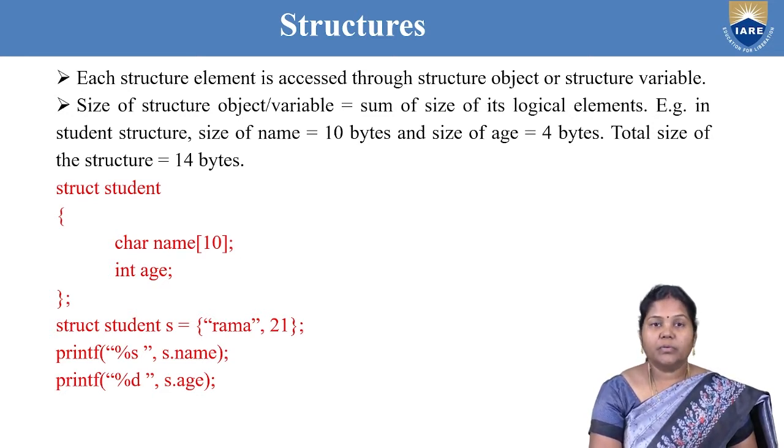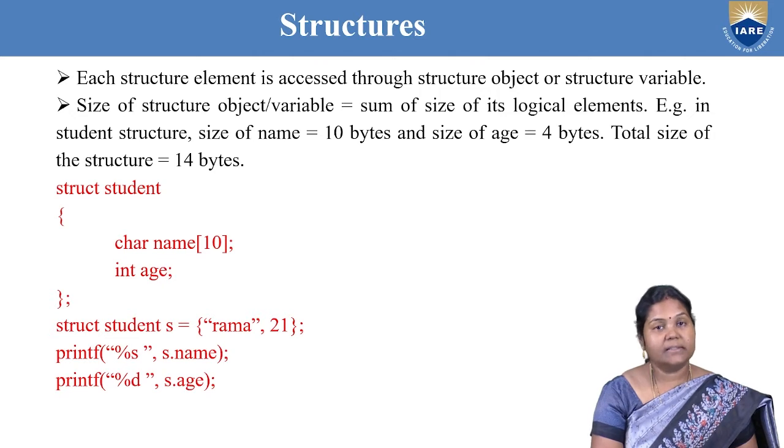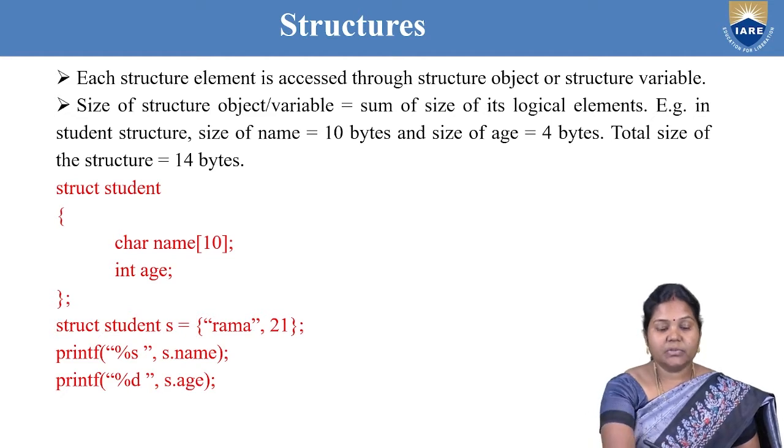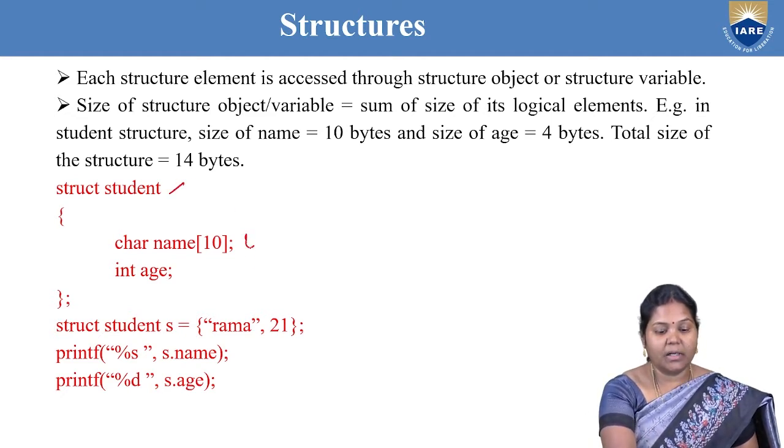Now, how to compute the size of a structure? The size of a structure is nothing but the sum of the sizes of all its members, that is, its logical elements. For example, student is a structure, and these two are the structure members. The first member is character name of size 10.